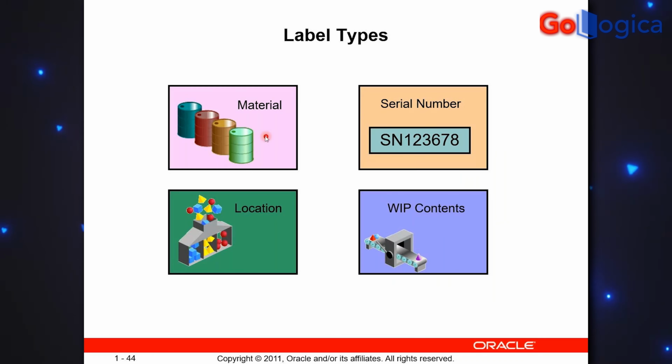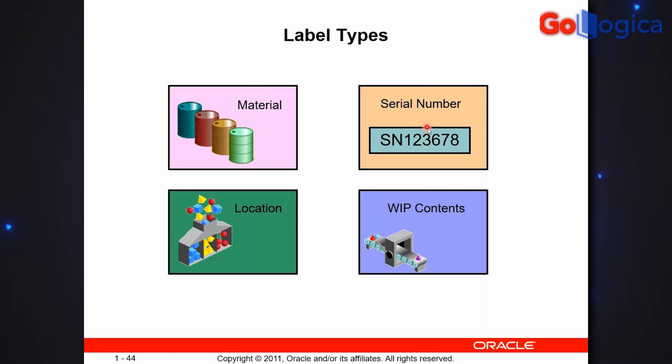So what are the label types here? We have the material label type, serial label type, location label type, web contents. There are a lot of seeded label types defined by Oracle. In the label types you will have different fields. For example, in material label type you will have the item number or n number of fields.